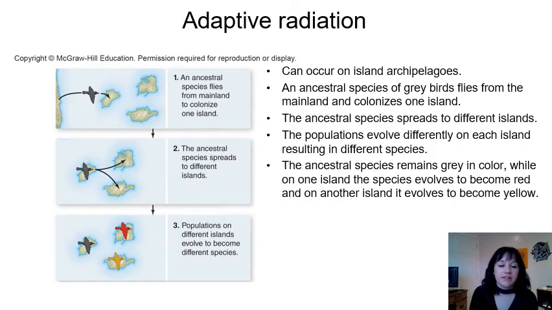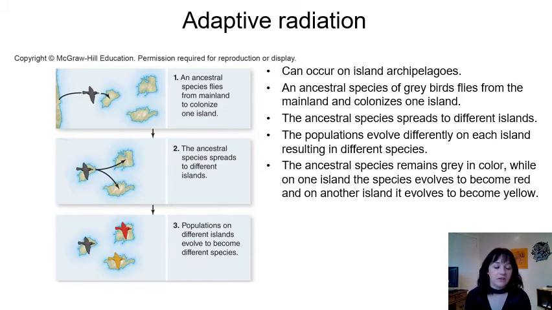Let's talk more about adaptive radiation. So this is commonly seen, as I said, on islands. We have on the far left of this top picture a mainland where a single population of birds migrates to a nearby island. Right? They colonize one island, and then eventually it spreads to different islands nearby.